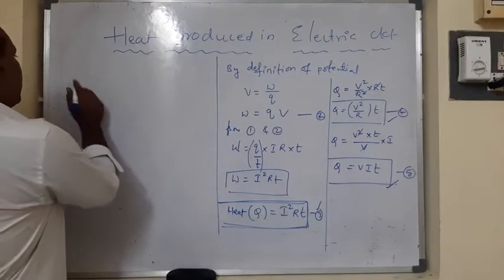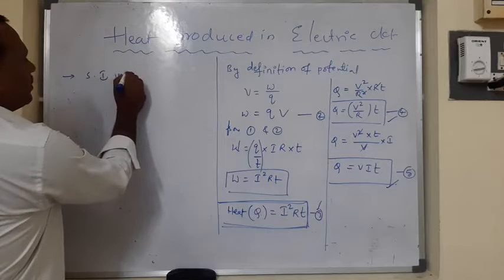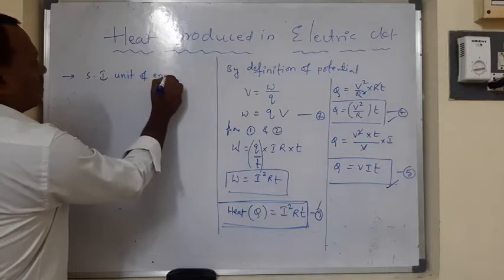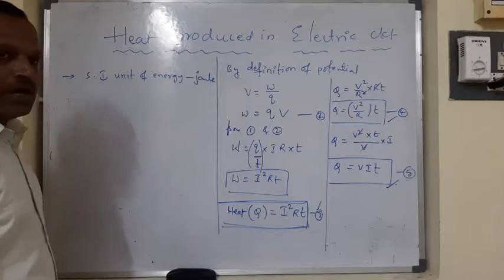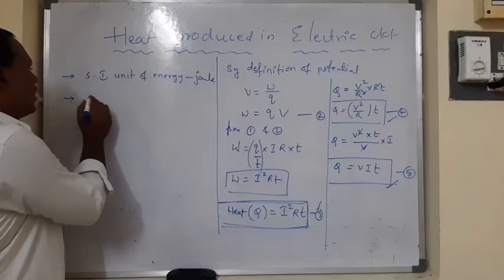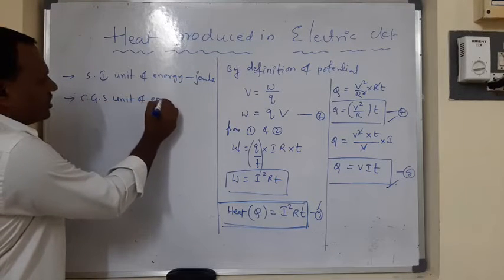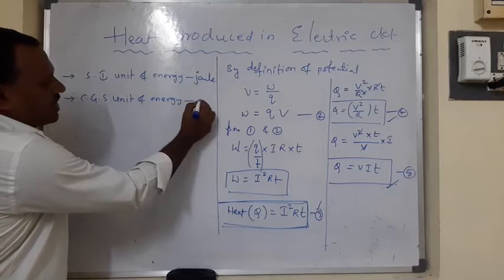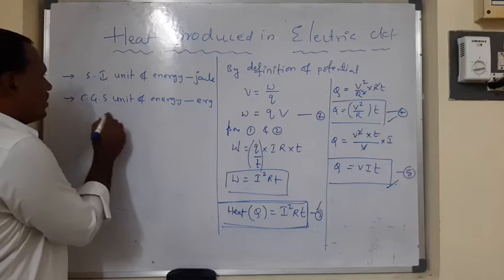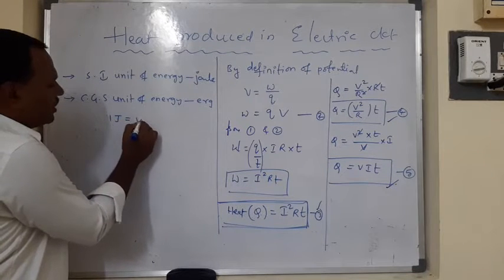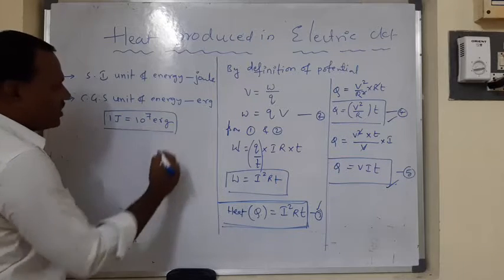The SI unit of energy, or work done, is joule, and the CGS unit of energy is erg. And there is a relation: 1 joule is equal to 10 power 7 erg. You can convert that energy from one form to another.